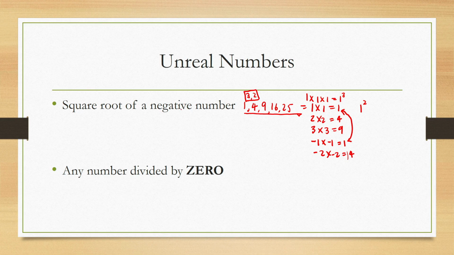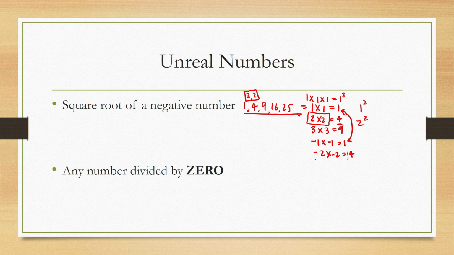Okay, now I hope you can see that whenever you square any number, whether you're squaring a positive number like here, because 2 times 2 is the same as 2 squared, the answer is always a positive number.